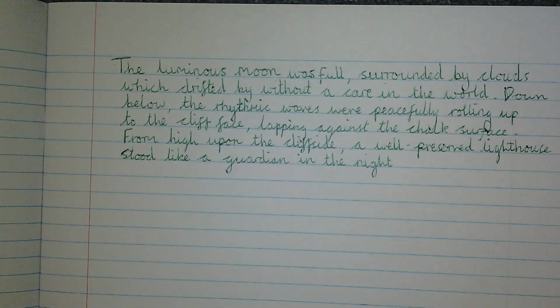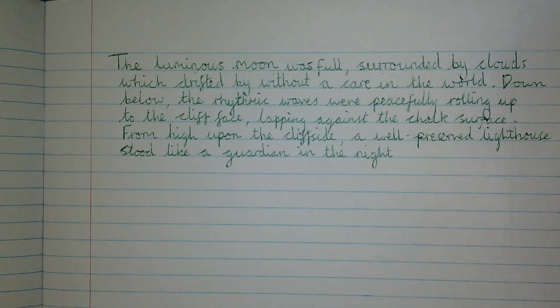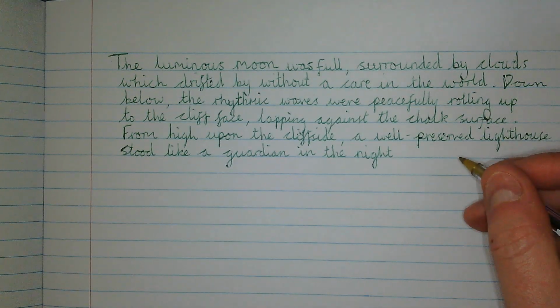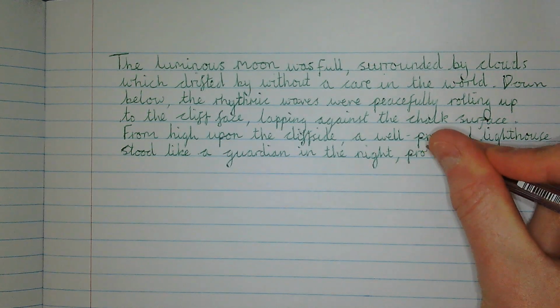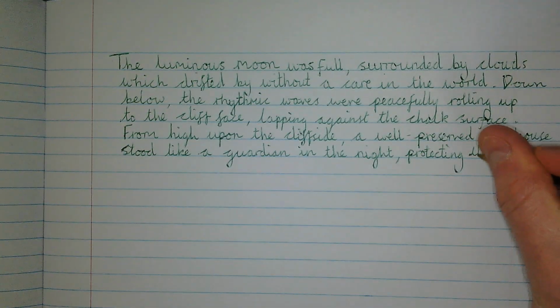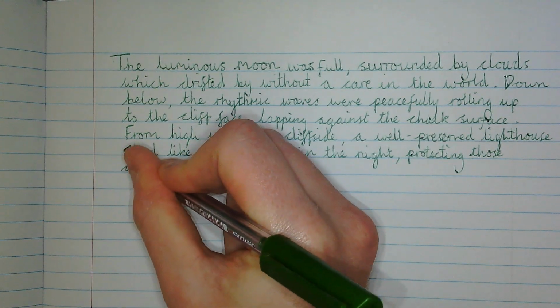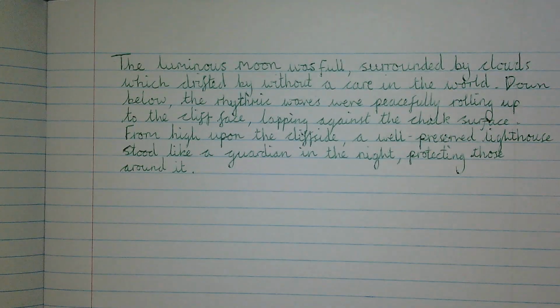You could use the time of the year, you could call it the summer night, winter's night if you wanted it to be cold, the chilling night. Ooh. So I've got from high upon the cliffside, a well-preserved lighthouse stood like a guardian in the night, protecting those around it. And I think that's enough.